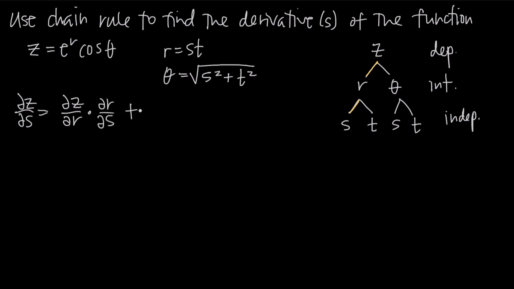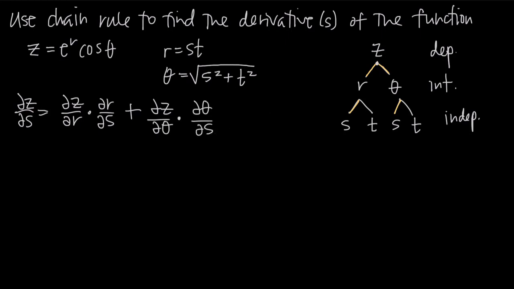But then we have to add to that here the partial derivative of z with respect to theta. So we're going to say the partial derivative of z with respect to theta, and then multiply that by the partial derivative of theta with respect to s.